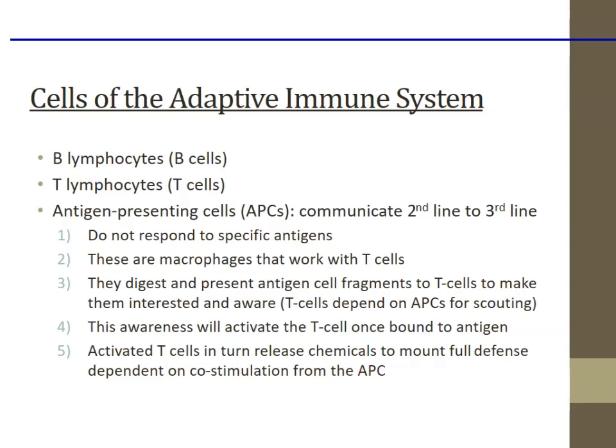They digest and present antigen cell fragments to T cells to make them interested and aware. So T cells depend on these APCs for doing their work. They're scouting around the body. This awareness will activate the T cell once it has found the antigen.